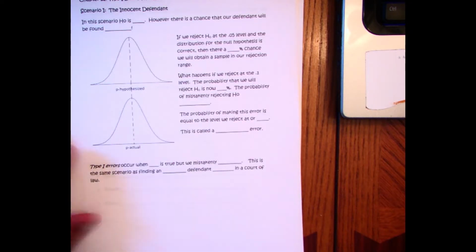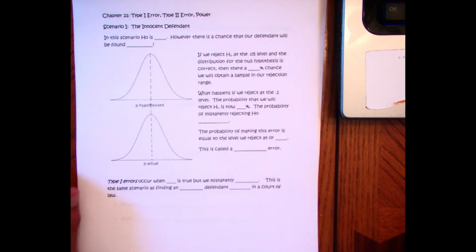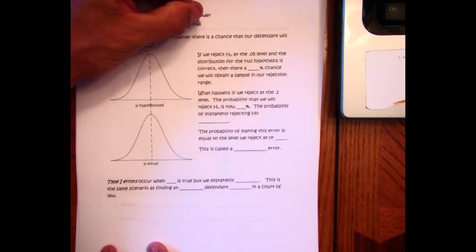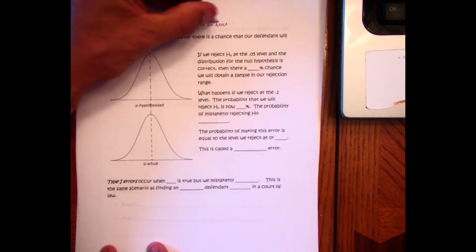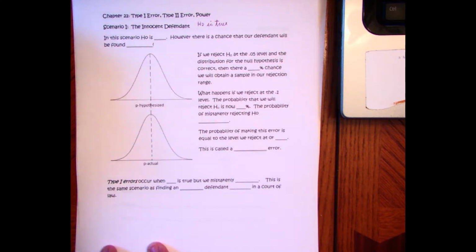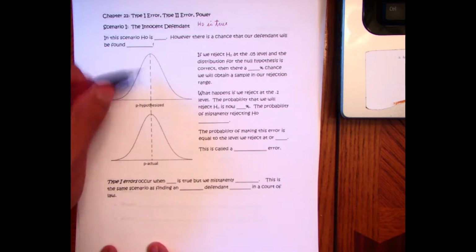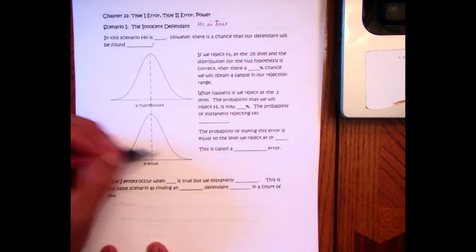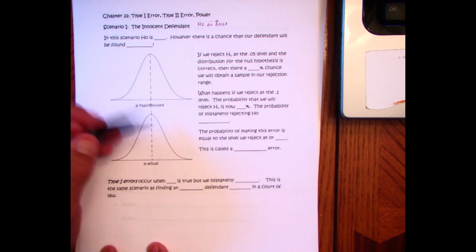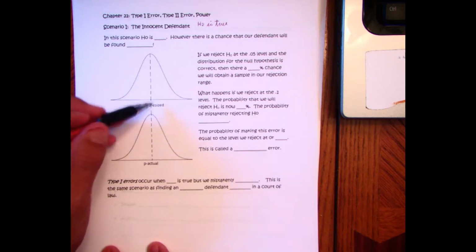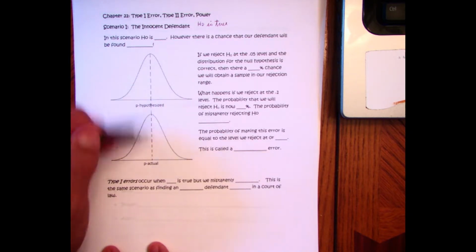Now we're talking about the innocent defendant. And what that means, the innocent defendant, means that the null hypothesis H of O is true. So we got our hypothesized p-value in this distribution and the actual p-value. So what happens here is our hypothesis is correct.